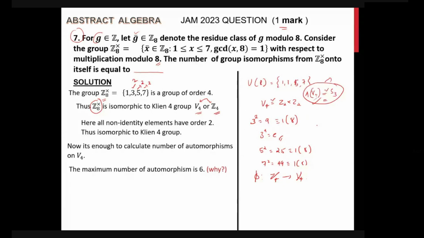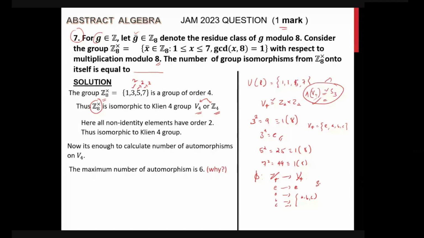Actually, in V4 there are 4 elements: E, A, B, C. And we know that in a homomorphism or isomorphism, E goes to E, that means the identity element goes to the identity element. Now there are A, B, C, and that means each of A, B, C can map to any of these A, B, C. How many ways can this be arranged?